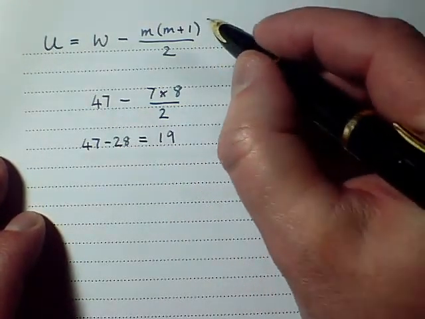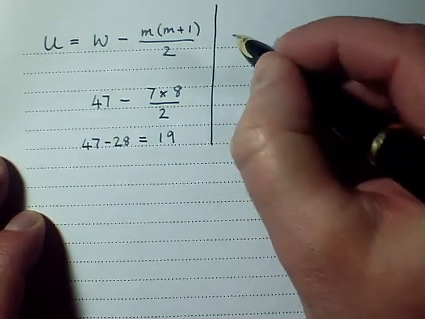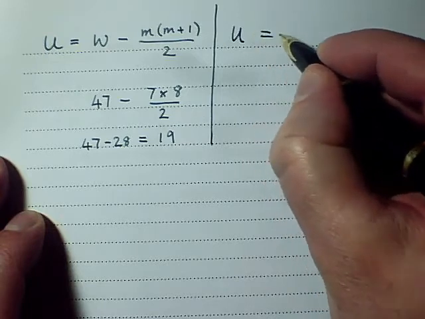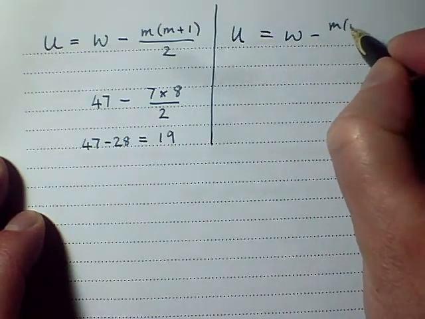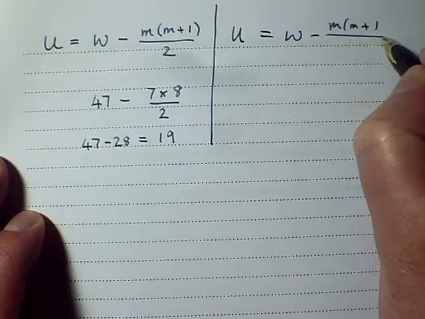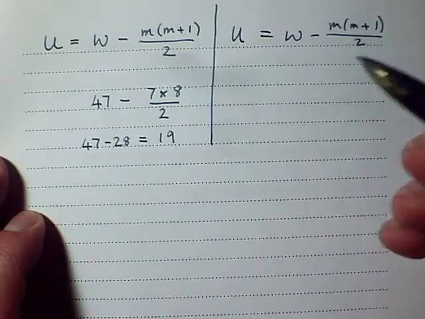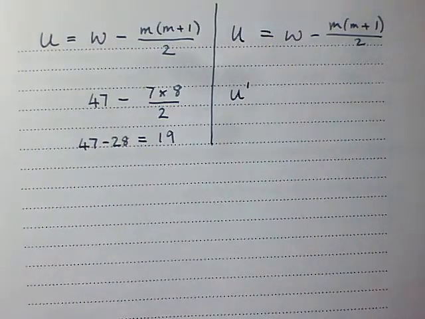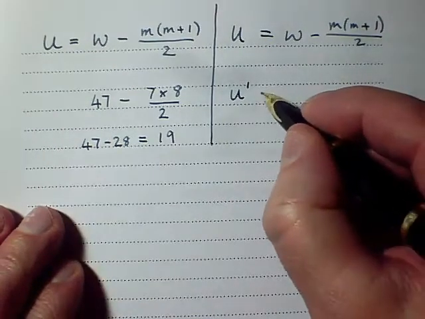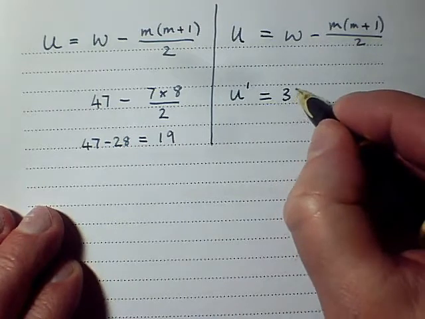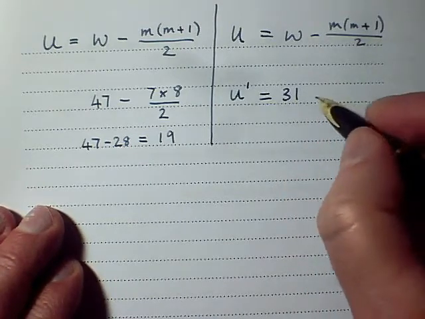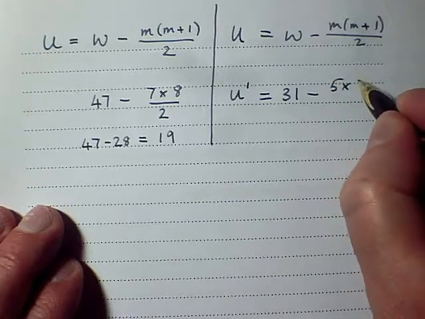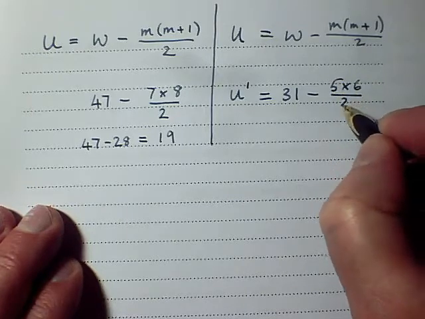All well and good, but there's always a U dash to go with this U. Now, one way to get the U dashed is to start all over again with the same formula. U equals W minus M times M plus 1 over 2. But I'm going to work out U dash because I'm deliberately going to swap to the other W. Now the other W we found was 31, but that was based on the sample of size 5, so I have to take away 5 times 6 over 2.